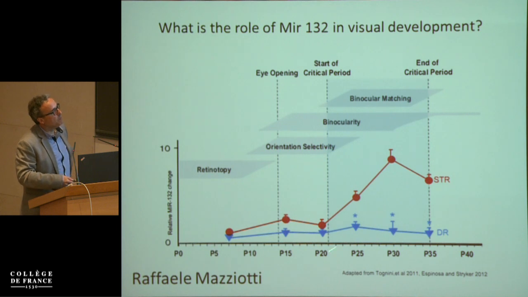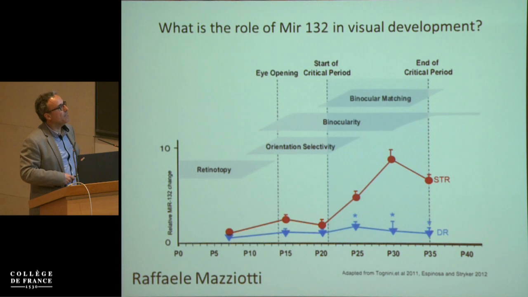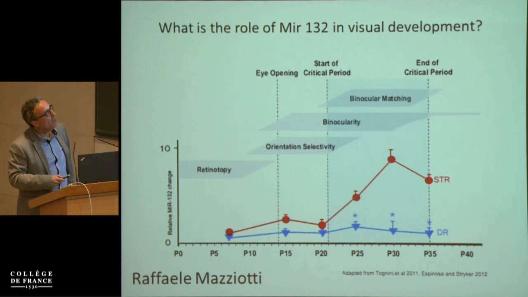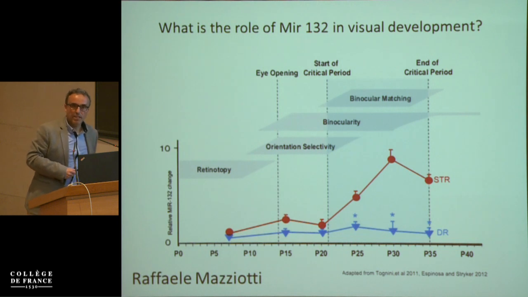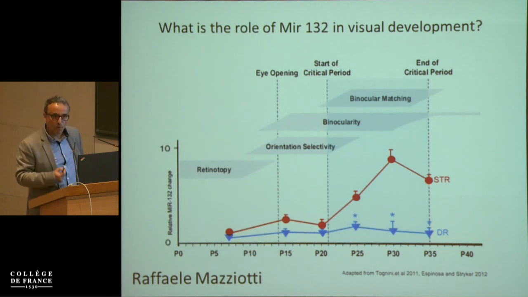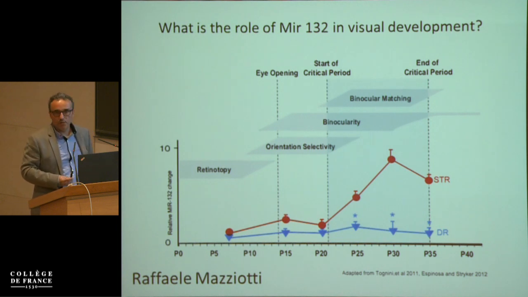So I have overlapped this developmental curve with this other graph that comes from a Mike Stryker review. And this shows that, for instance, development of orientation selectivity, which is a property of visual cortical neurons, for which they basically respond only to stimuli that are of a certain orientation, for instance, vertical, but not to horizontal.